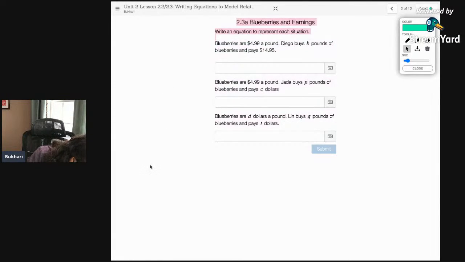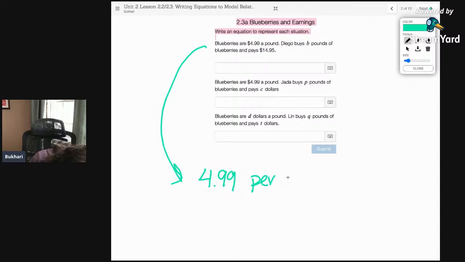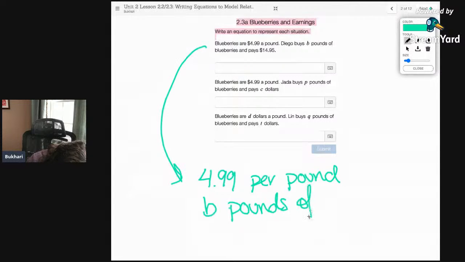And if you want, you can always start off using your words, right? Blueberries, we have $4.99 per pound. We know that B is pounds of blueberries. And all of that ends up equaling $14.95.